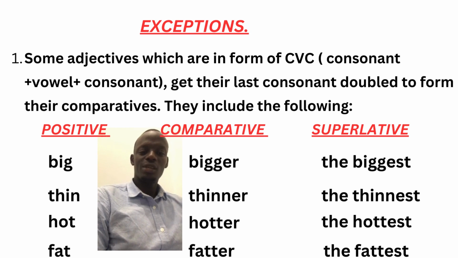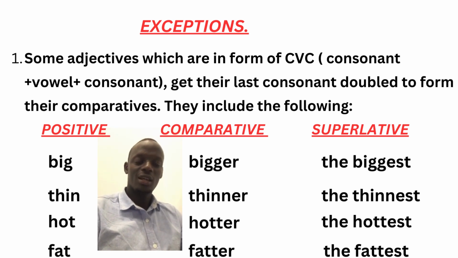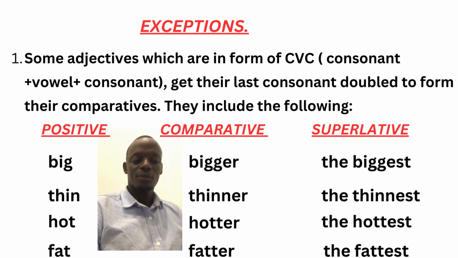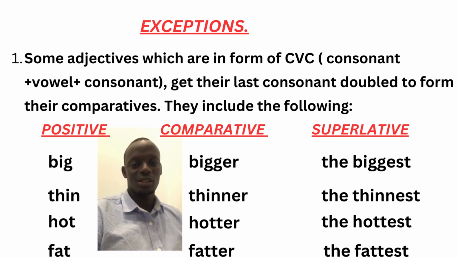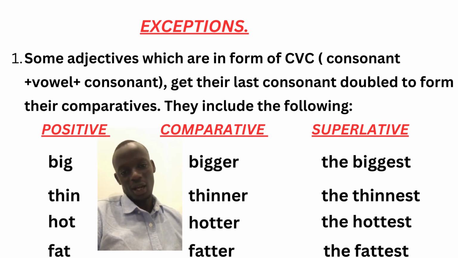When we say big, B-I-G, consonant, vowel, consonant, we have to double the G, and then we add ER on comparative, EST on superlative. The word thin ends in T-H-I-N, which is consonant, vowel, consonant. So in comparatives, we double N, then we add ER, then on superlatives, we double N, then we add EST. The same thing applies to some other adjectives.